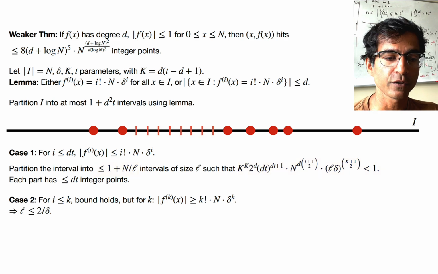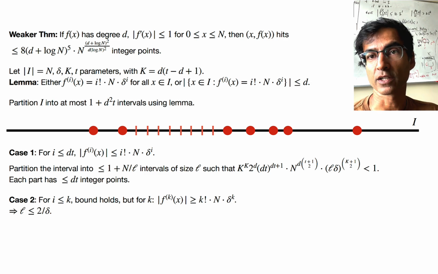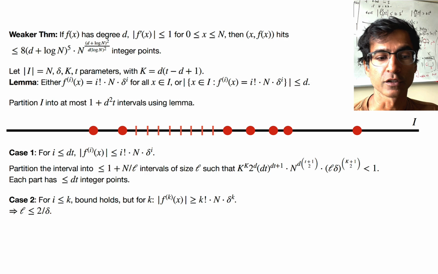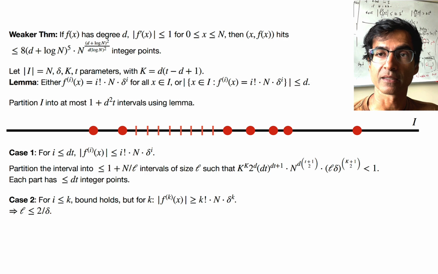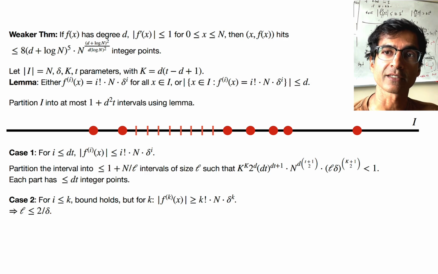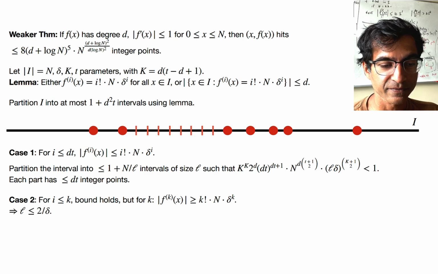On the other hand, if you have case 2 happening, meaning that one of the derivatives is large in the entire interval, then by the argument we discussed before, the length of this interval, this piece, must be at most 2 over delta. So the upshot is that we can bound the number of integer points using this formula.